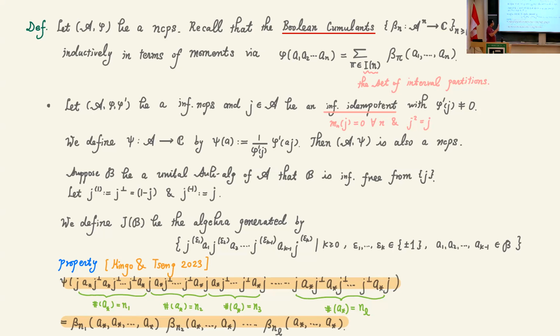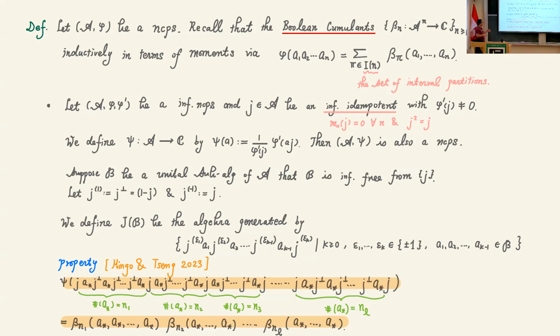I should mention J perp, which means I consider something called J perp, which is 1 minus J. Now I consider the algebra generated by J epsilon 1 A1, J epsilon 2 A2, and so on, where each time J epsilon can be chosen as J or J perp. If we want to study the size of those kinds of elements, then this can be calculated precisely by the Boolean cumulant.